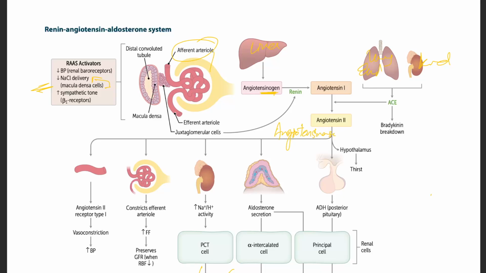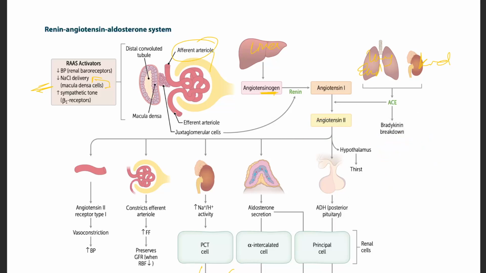Angiotensinase is going to degrade angiotensin into small peptide fragments, which is now called angiotensin 3. This angiotensin 3 has only some biological activity. Okay, so yes, that's pretty much what we have for the whole RAAS.